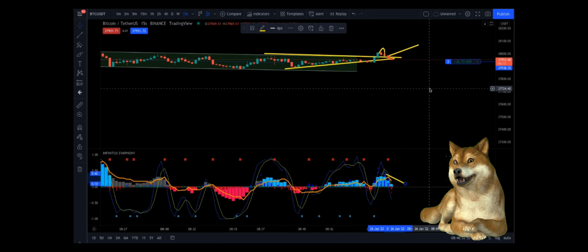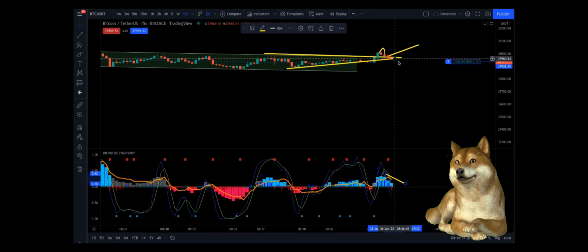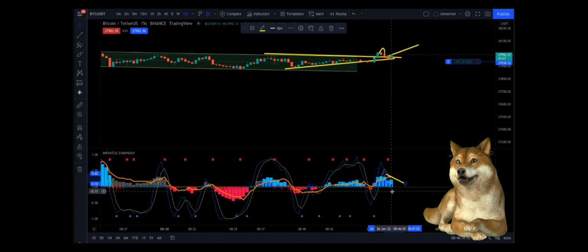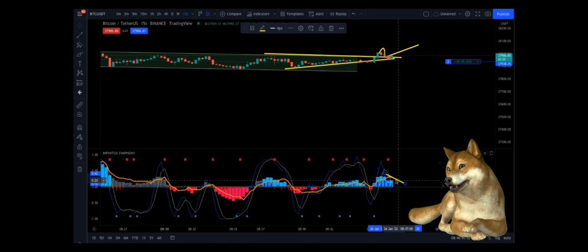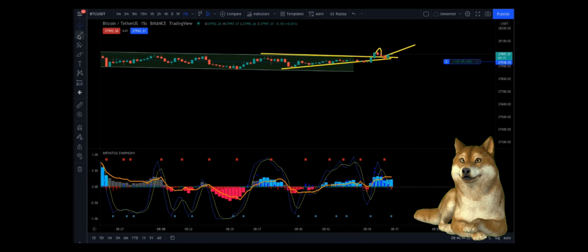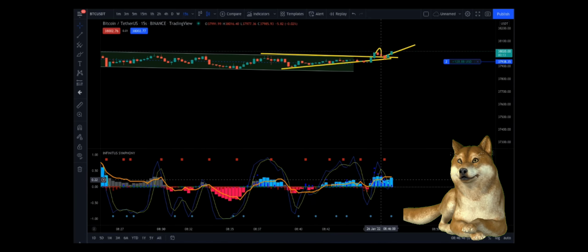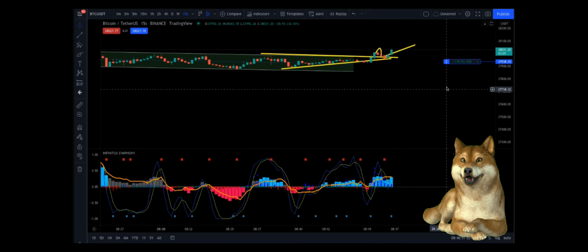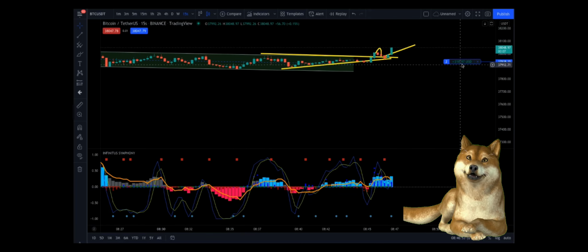So let's drop down here. We've got to see if these QE bars end up staying thick. And they do. We are up 197. Well, it could easily drop.